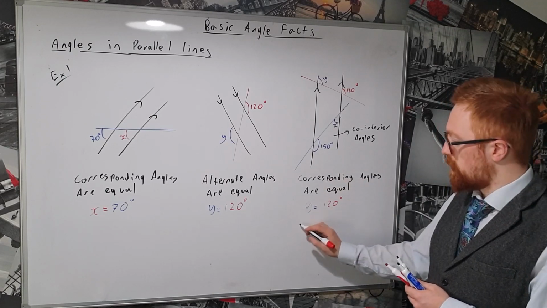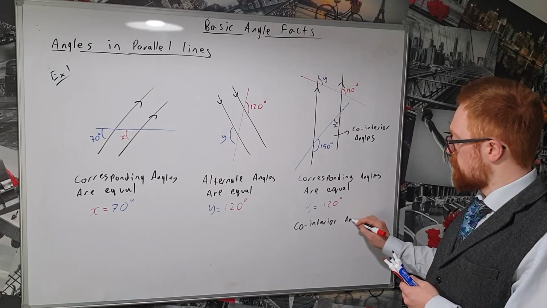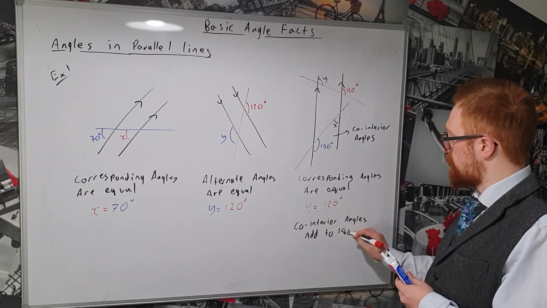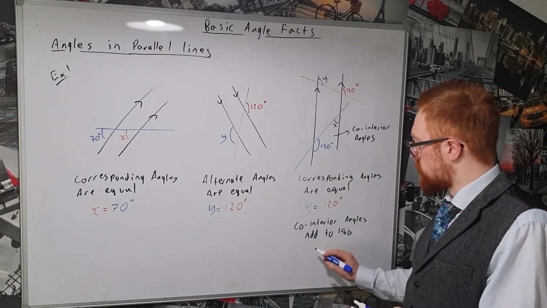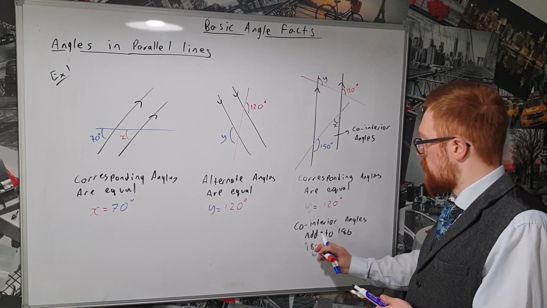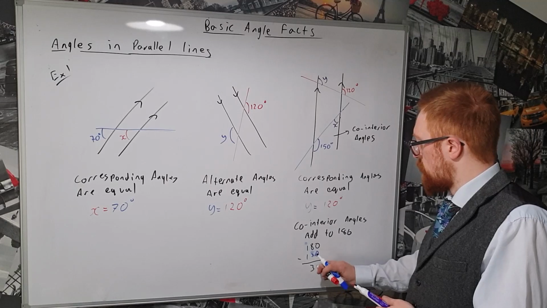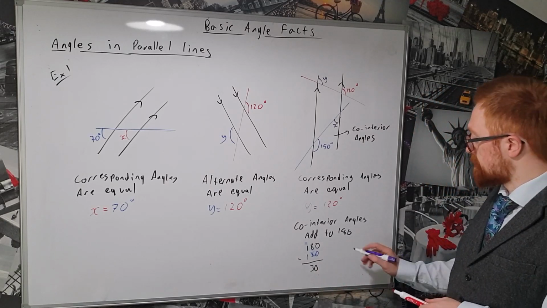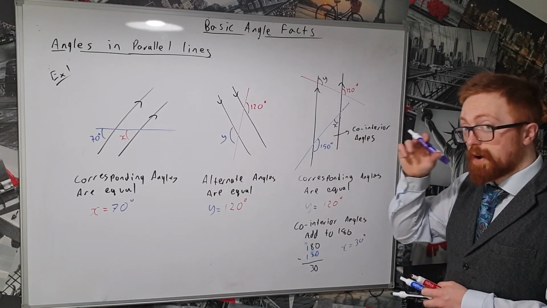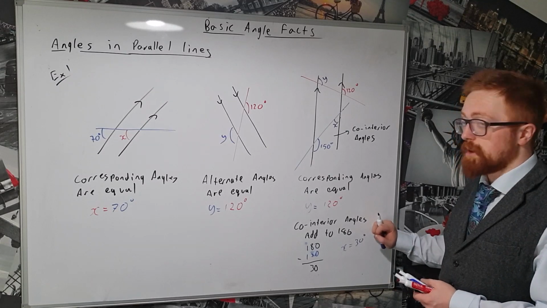So we could have reduced our working slightly by saying co-interior angles add to 180, and then jumping straight into 180 take away 150, gives me 30 for our value of X. So both methods are absolutely fine to find X, as long as you're using the correct terminology and can explain what you're doing at each point.